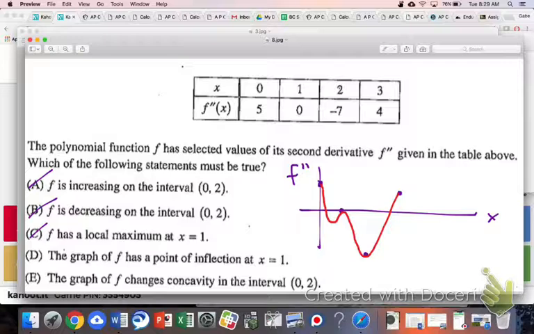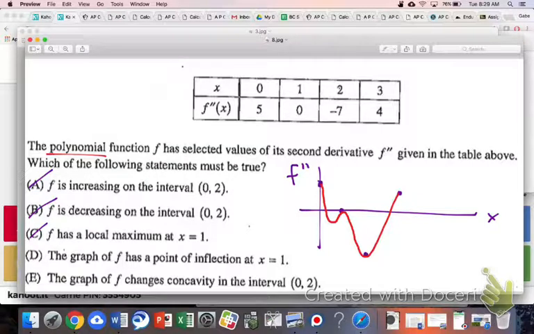It does tell us that f is a polynomial, and so that means it is continuous and differentiable. That's obviously important for the way you draw this graph. But because we found at least one, maybe two counterexamples to D, and there could be others, E has to be it. E has to be it because you do see that f double prime changes signs, which indicates a change in concavity.